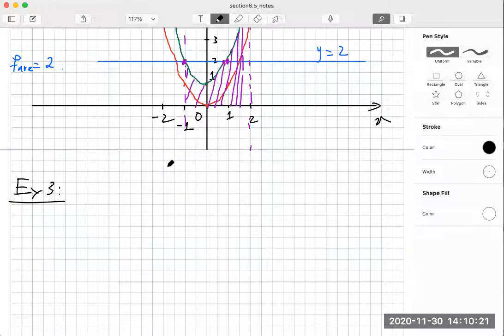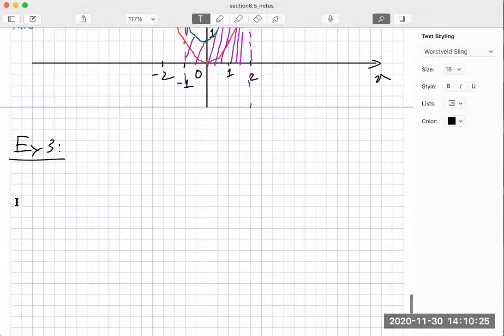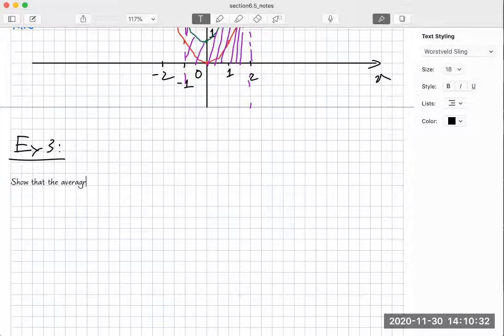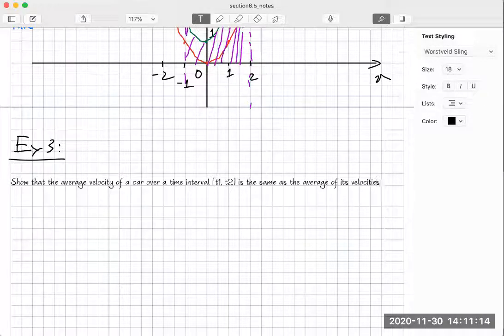So now show that the average velocity of a car over a time interval t1 and t2 is the same as the average of its velocity during the trip.